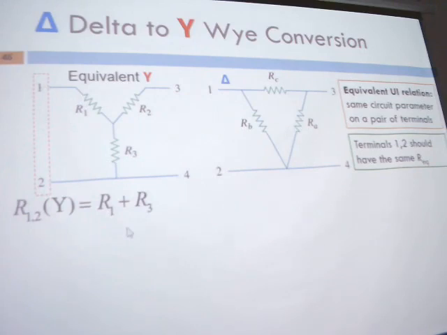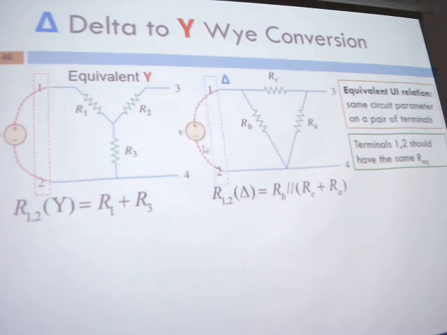We have R equal to R1 plus R3, if we connect a voltage source here. Here we have R12, port 12 of delta connection. It should be this. And we also can connect the voltages here, and it's going inside here and here and goes back. Clear?